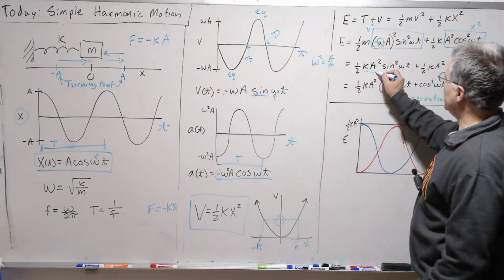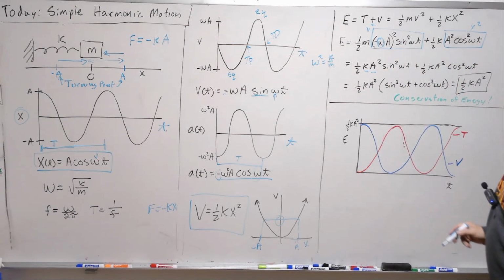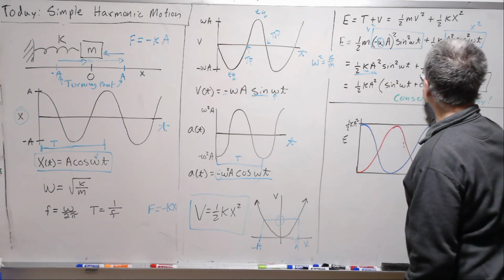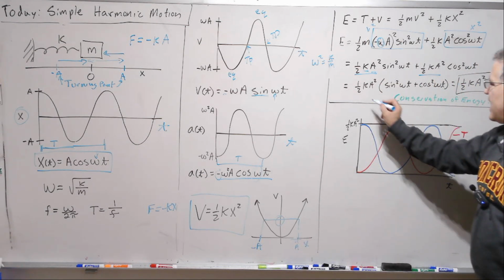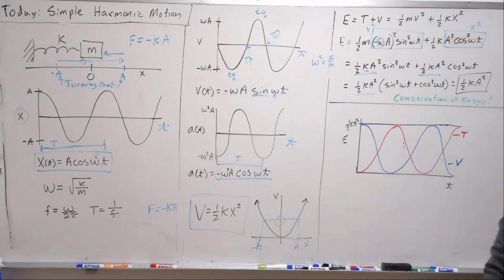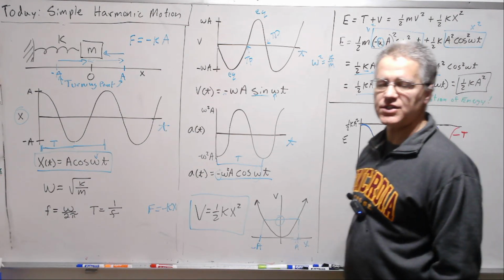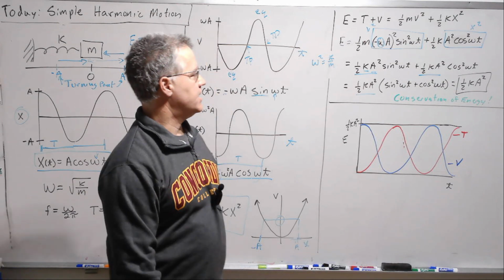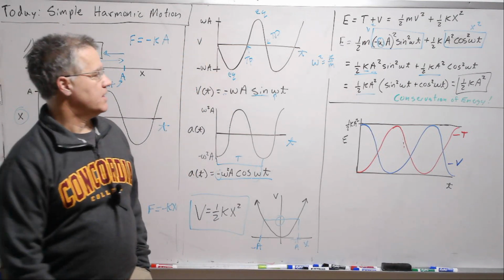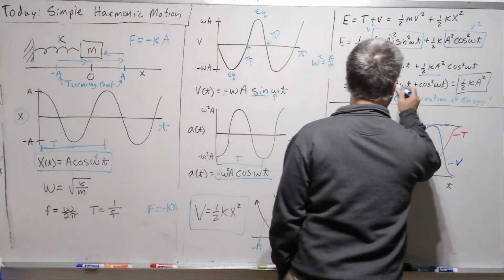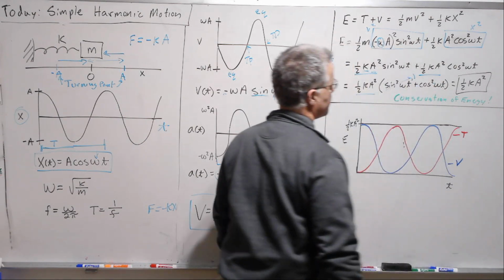The a is just coming along for the ride. But notice now, the prefactor on both of these is the same, so I can factor that out, which happens here. And then I'm left with sine squared plus cosine squared, which, if we remember from trig in high school, is just 1. And so this whole thing does indeed go to 1.